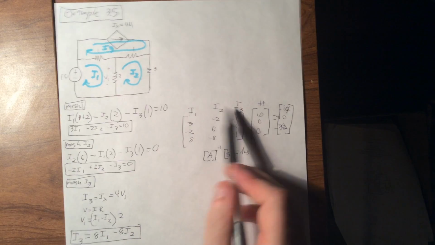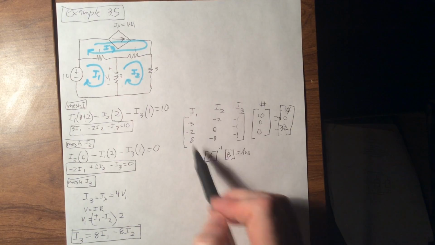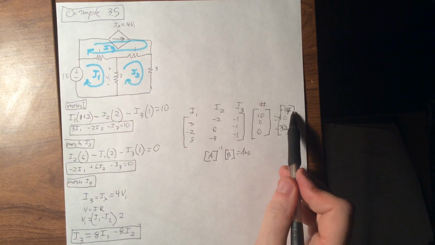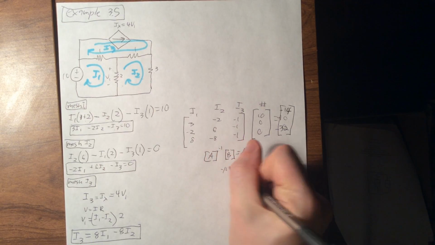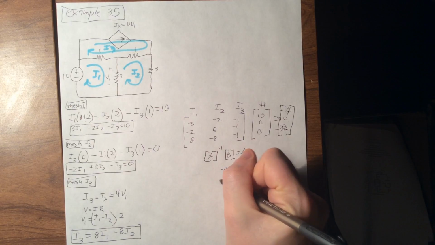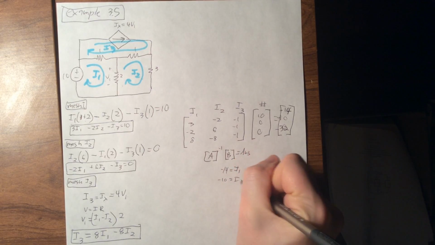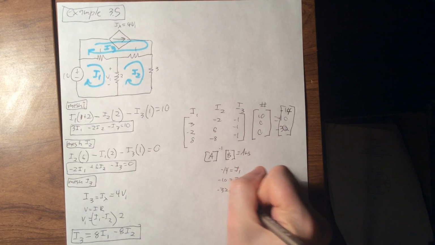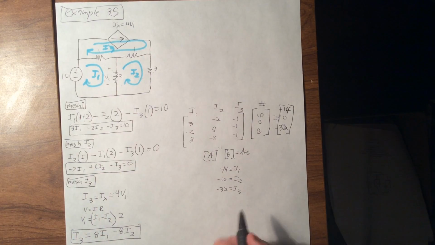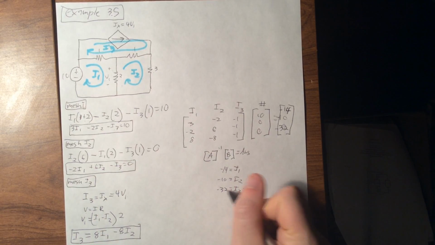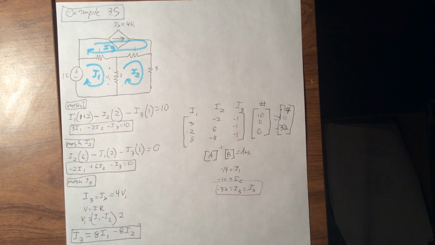So it's minus 14, minus 10, minus 32: I1 equals minus 14, I2 equals minus 10, I3 equals minus 32. And if we're looking for Ix, I3 equals Ix, done. That one's solved.